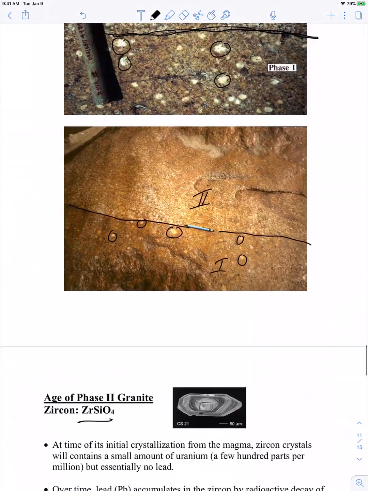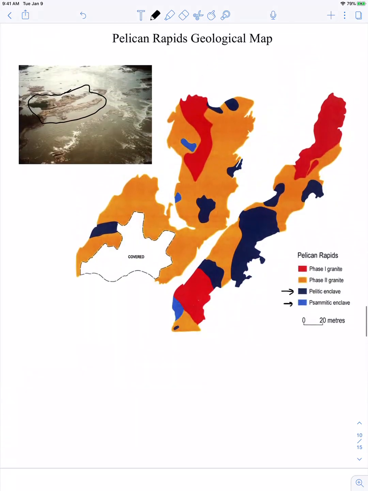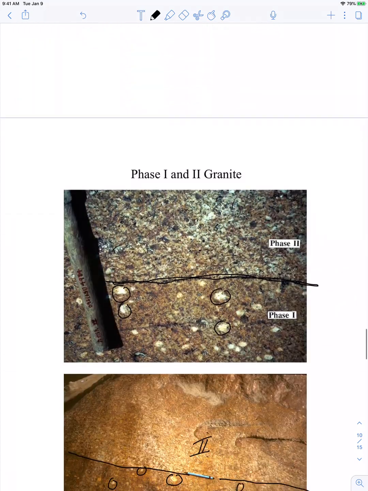To illustrate that, I'll just go back to the geological map. What I want you to notice on that map is that the politic enclaves and the samnitic enclaves are spatially associated specifically with phase 2 granite. They're not associated with phase 1 granite. So either phase 2 granite completely surrounds those enclaves or they're immediately adjacent to those enclaves.